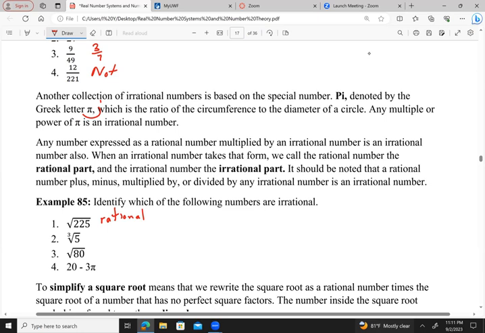The cube root of 5, what times itself twice gives you 5? Not a nice number, so this one is irrational. The square root of 80, that's not a perfect square, so that's irrational. And of course, anything with pi in it is irrational as well.